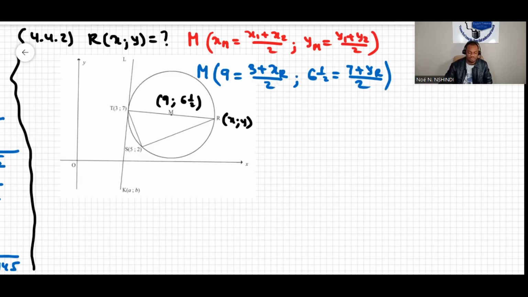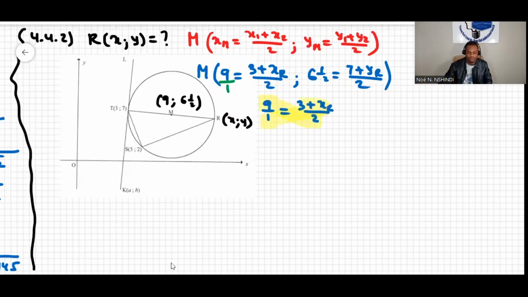We couldn't cross multiply because over here, it means the denominator is 1, okay? So if I take 9 over 1 equal to 3 plus xr over 2, we can multiply this with that, and then 1 with all these.